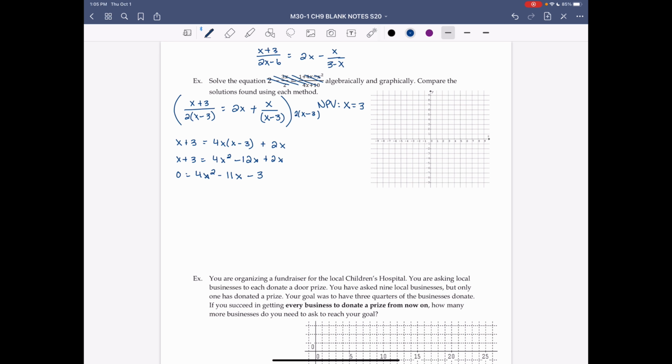Now we can factor this. It does not have any common factors for 11 and 3, no common factors. So it's a complex trinomial. Multiply 4 times negative 3, which is negative 12. We need factors of negative 12 that add to negative 11.